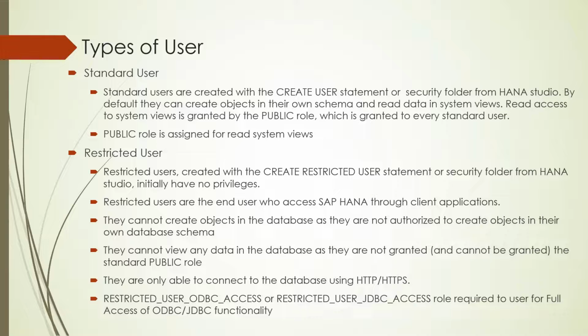When we create a restricted user, it doesn't have the public role and it doesn't have a schema. Why is a schema not required? Because this is a restricted user, an end user. This user is not going to do anything in the HANA system. But every DB user has their own schema, so that they can create objects in their own schemas.